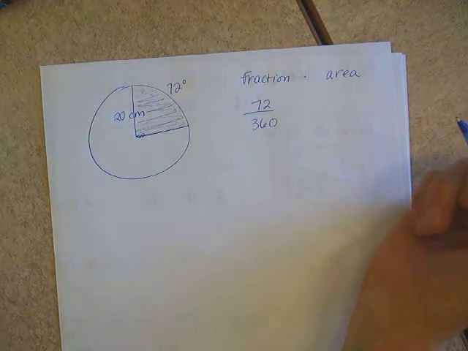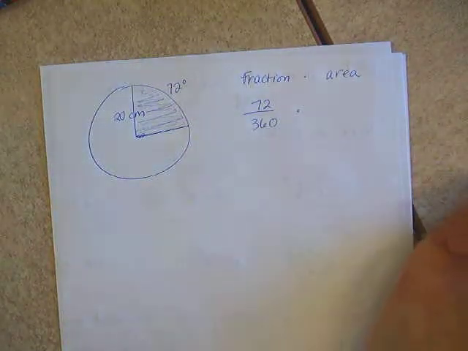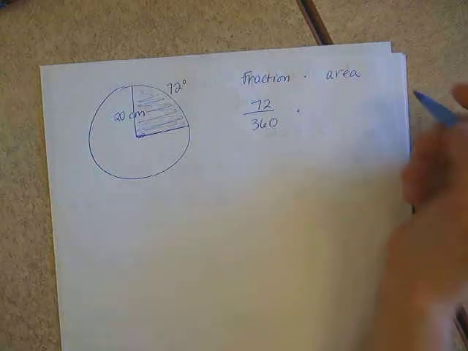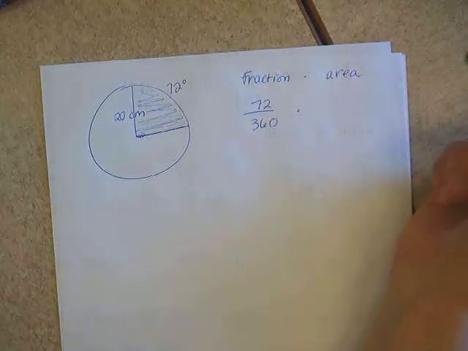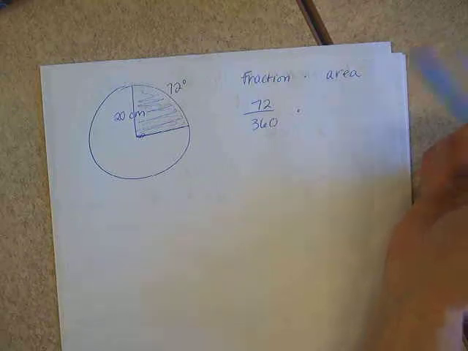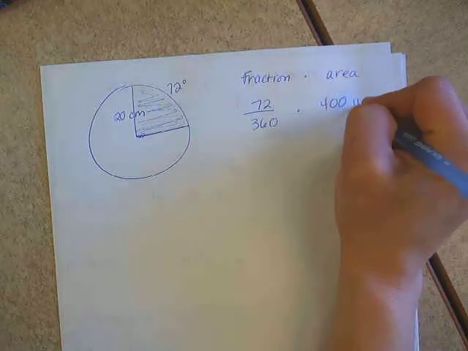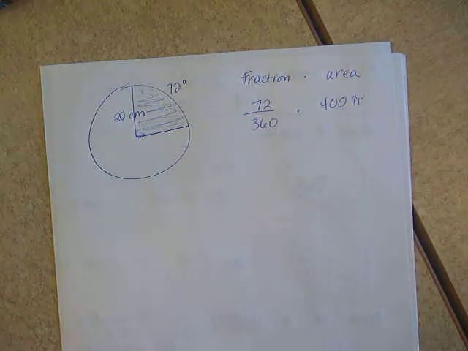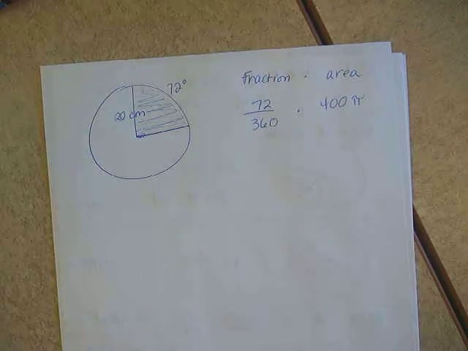All right, so what fraction am I using? 72 over 360 times pi r squared.